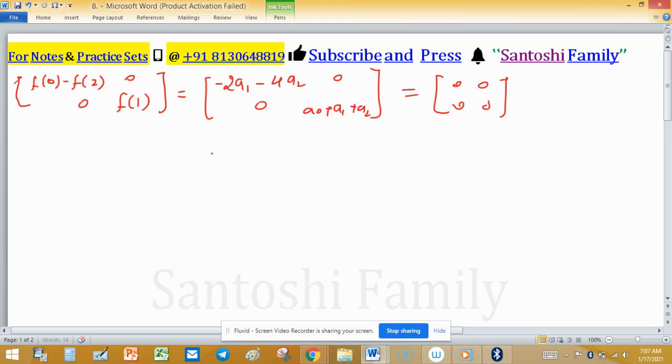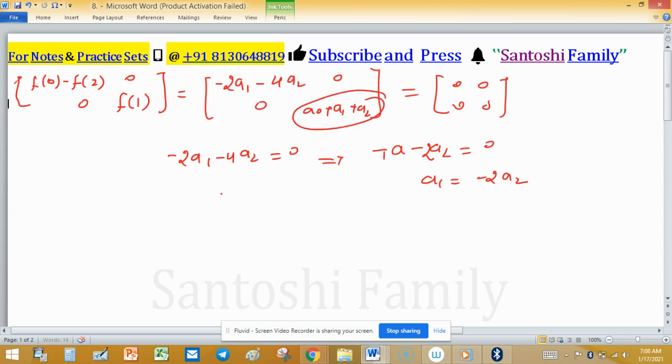From equality of two matrices, minus 2 times a1 minus 4 times a2 equals 0. This implies a1 equals minus 2 times a2, and the fourth entry shows that a naught plus a1 plus a2 is equal to 0.